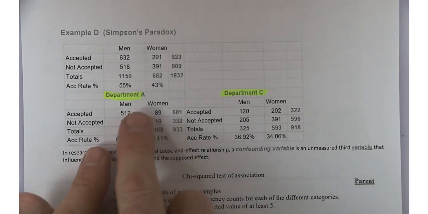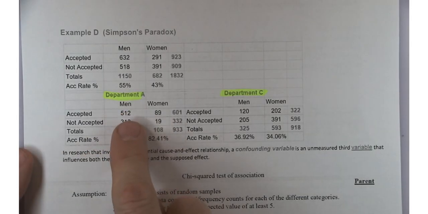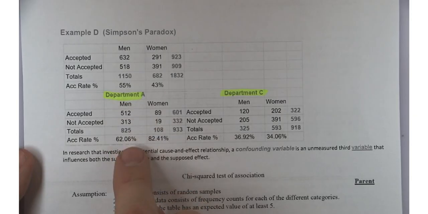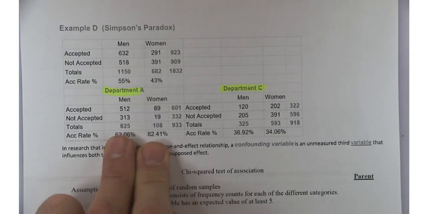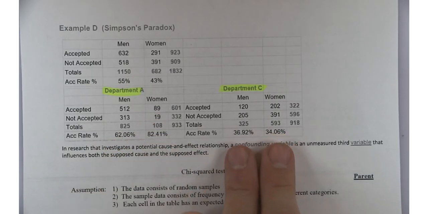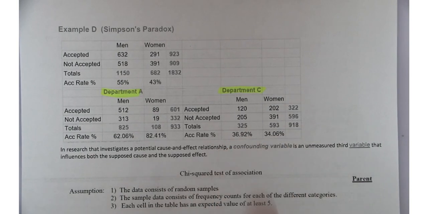There were a lot more men applying to Department A. Take a look at the acceptance rates for Department A. They're pretty good, aren't they? 62%, 82%. In fact, women are getting accepted at a really, really high rate here. But how about Department C? Are your chances pretty good of getting in Department C? No. Not as good.